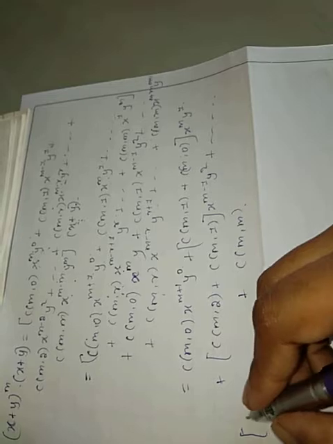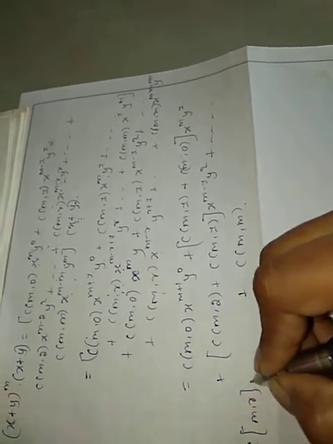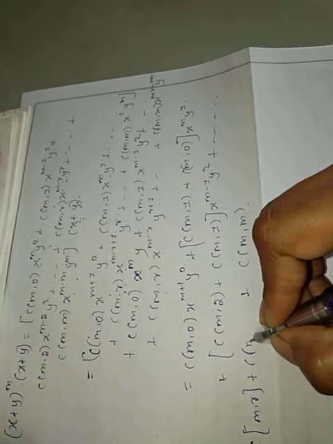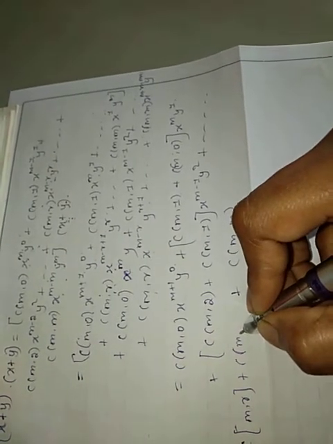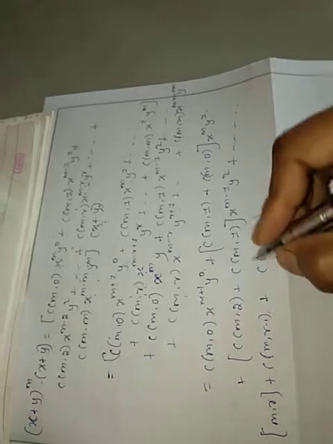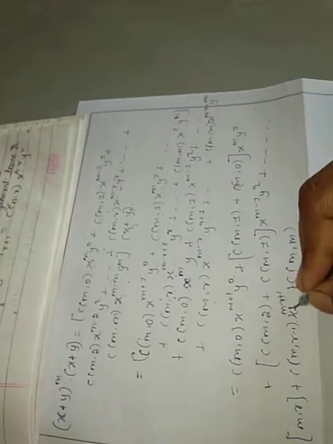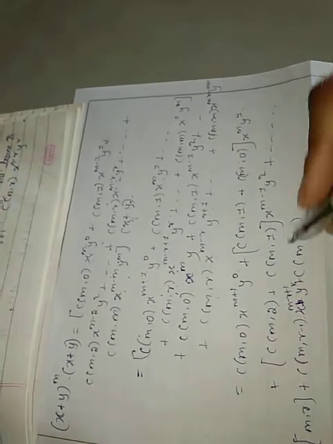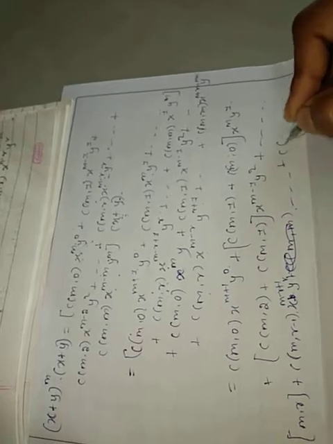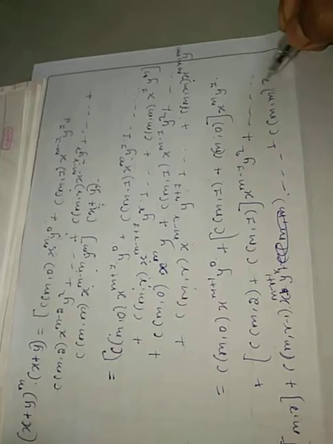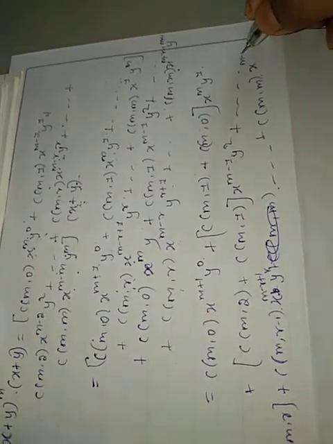Here the previous term can be written as C(m,r) plus C(m,r-1) into x^(m-r+1) into y^r, and so on. C(m,m), keep the last term as it is, x^(m-m) y^(m+1).